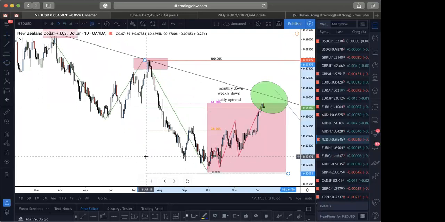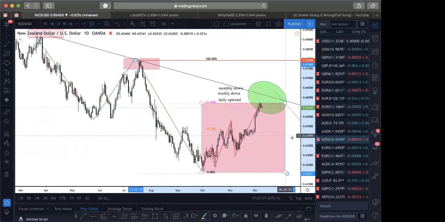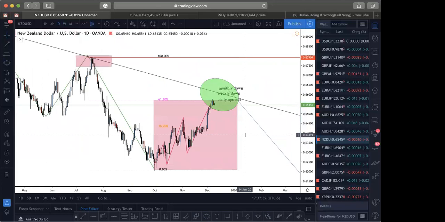I've taught trend lines and I've taught the real way to use Fibonacci, right? So we already have two confluences within this green zone to go short, right? 61.8 golden ratio Fibonacci, trend line just above, right? So we know this area is a short zone.